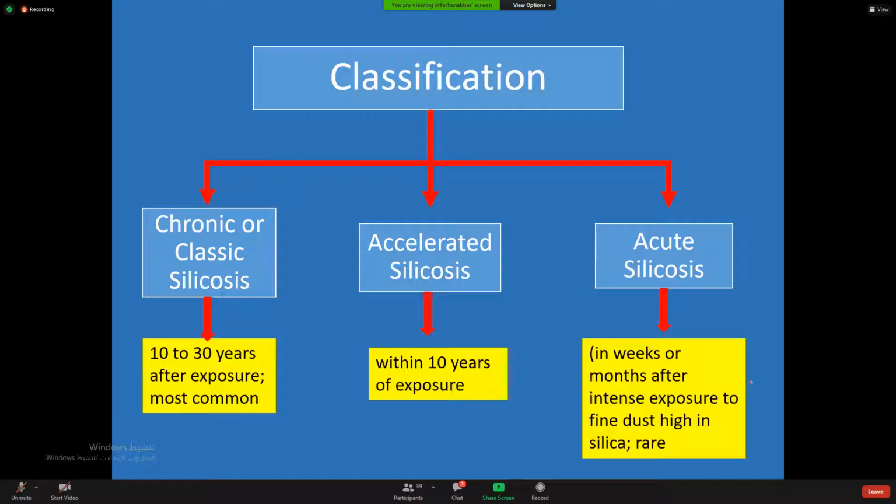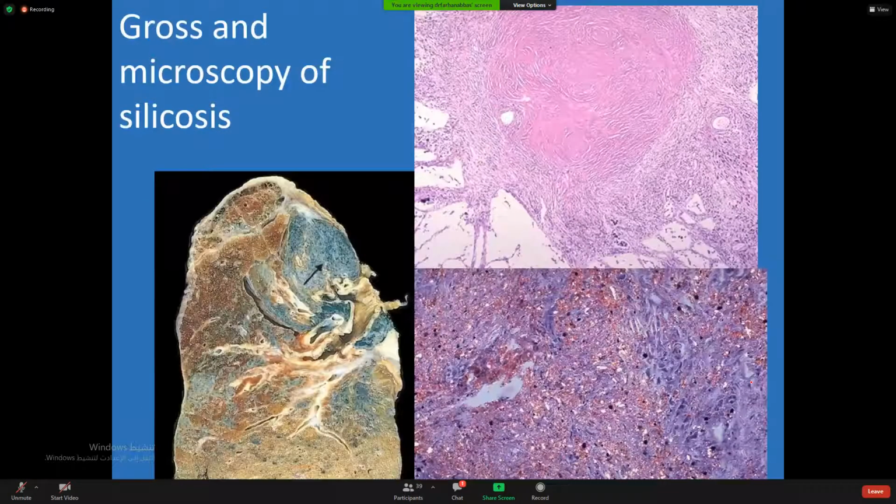If you look at the gross and microscopic features of silicosis, you see over here some nodules being formed. These are what we call silicotic nodules. As I already told you, silicosis is very fibrogenic. It causes contraction or shrinking of the area, and that is because of the fibrosis.